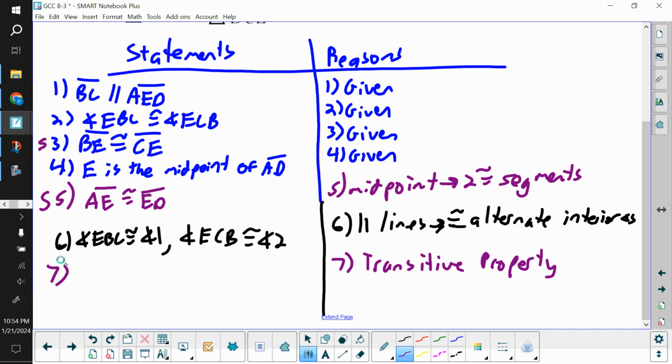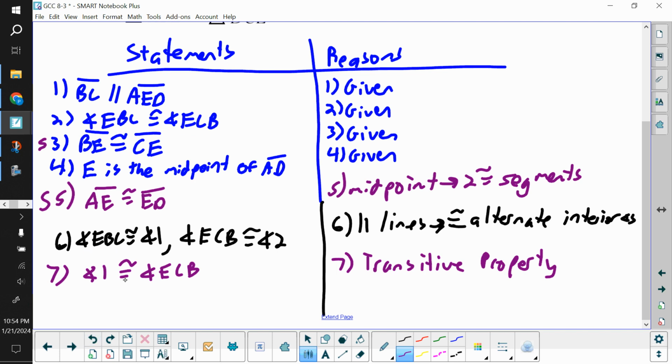And I want us to focus on step 2 and step 6 in the proof. We have in the black step, EBC is congruent to angle 1. In step 2 up above, EBC is congruent to ECB. So the conclusion we could make is that angle 1 is congruent to angle ECB. We basically use this and this here.